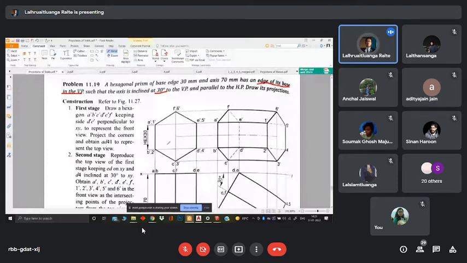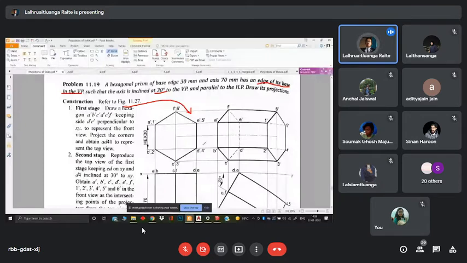We have a problem that tells us that an edge of the base, that means one side of the base, is perpendicular to the XY line. XY line here means, as per its position, it will be the HP or the VP.